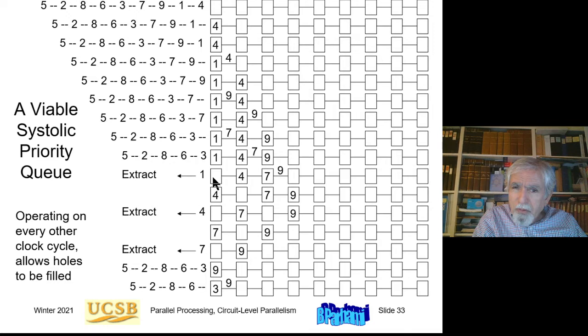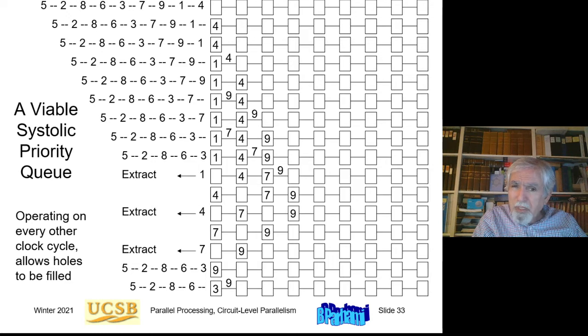So 4 will go here, and as I extract 1, 4 will move here, and in the next cycle 7 will move here because this cell is now empty. And this is just enough for me to always have the smallest number here.